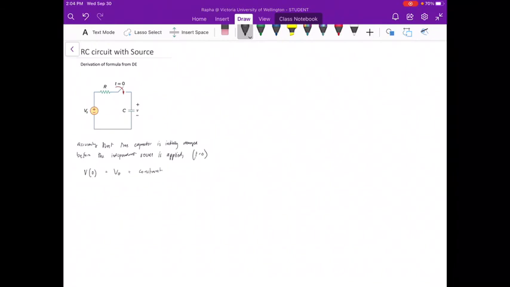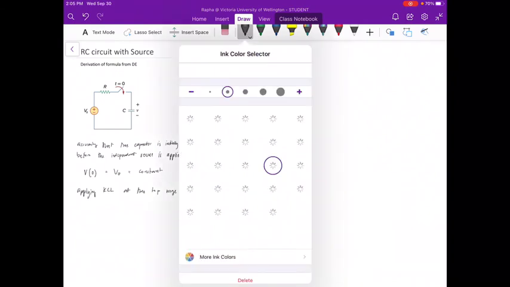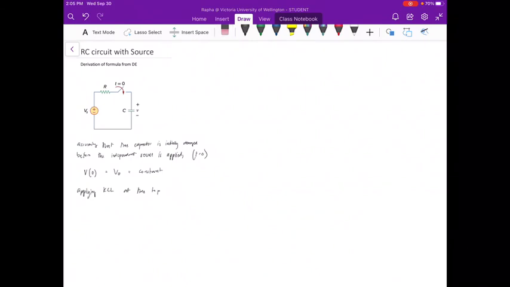The same condition. Then applying KCL at the top node yields: we have the capacitor current I sub C plus the resistor current I sub R equal to 0.